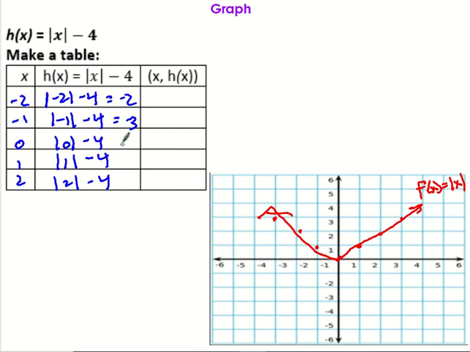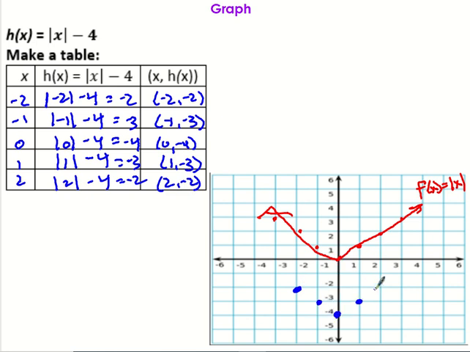And then 0 minus 4 is -4. 1 minus 4 is -3, -2. So this is going to give me the following points. Now, these are what I want to graph to see what happens. How did this -4 change the absolute value function? So -2, -2; -1, -3; 0, -4, and then we went up the other way.